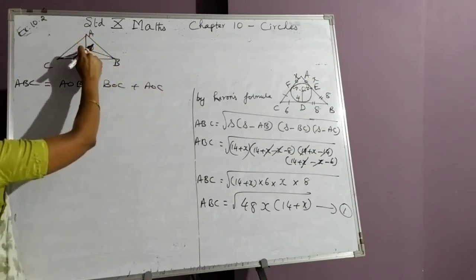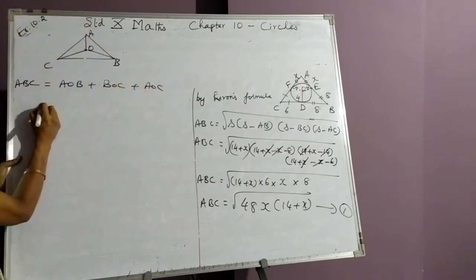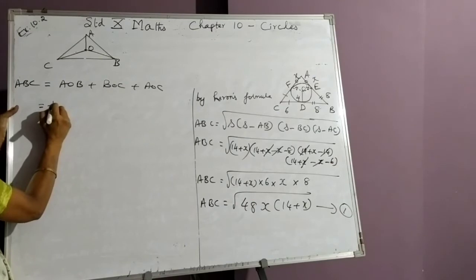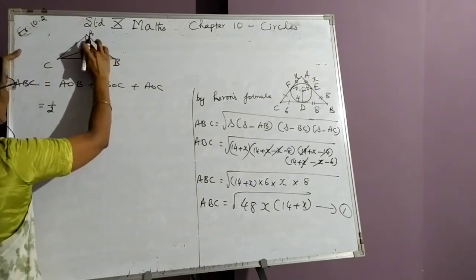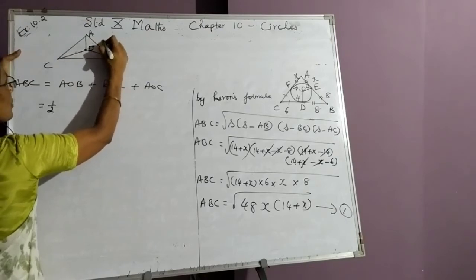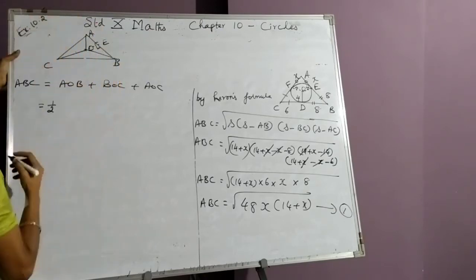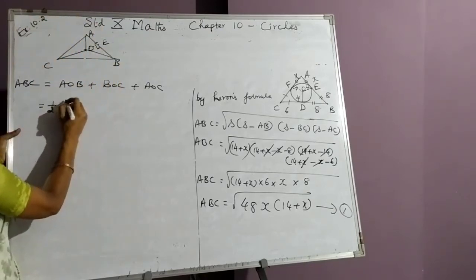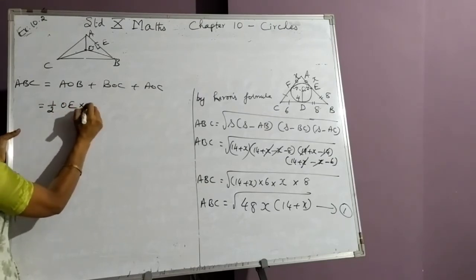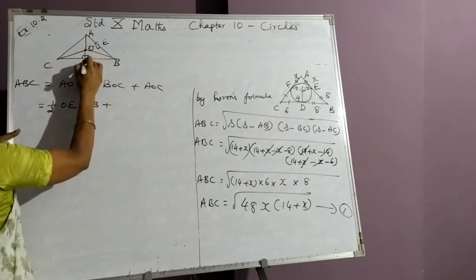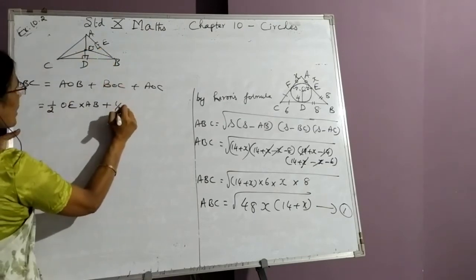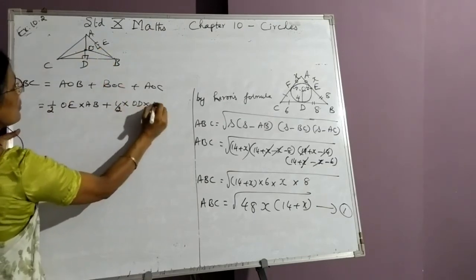If we add all the 3 areas, we will get area of triangle ABC. So the area of AOB is half, where OE is the perpendicular, into OE into AB. Area of triangle BOC is half, here the perpendicular is OD, into BC.